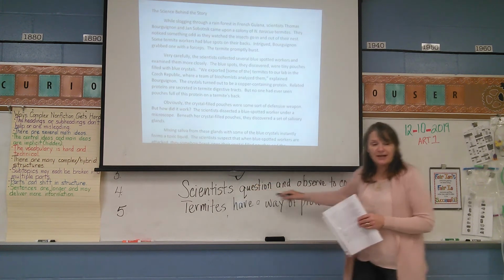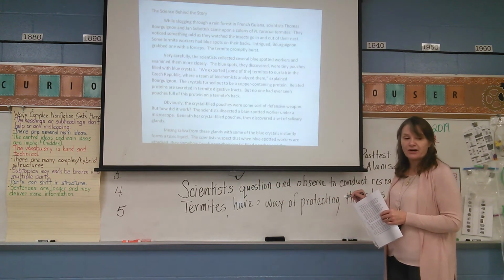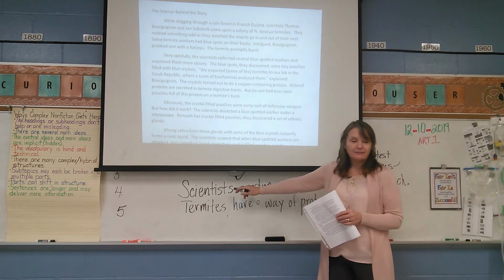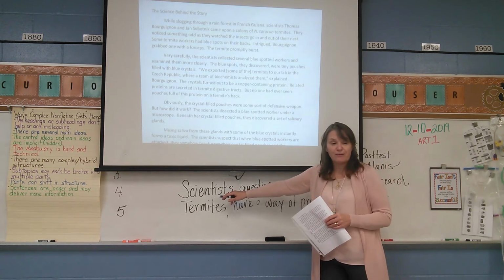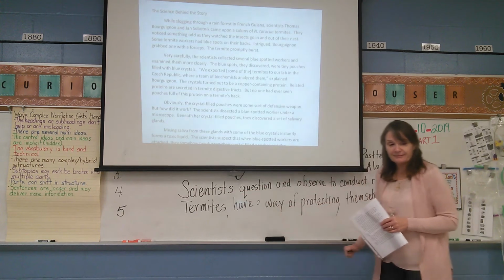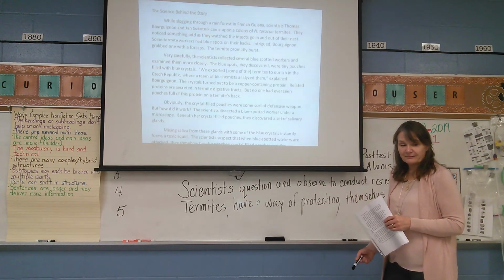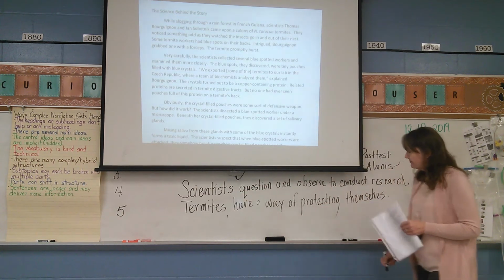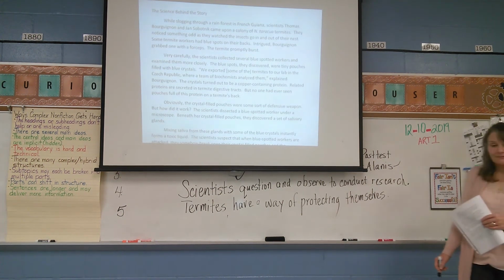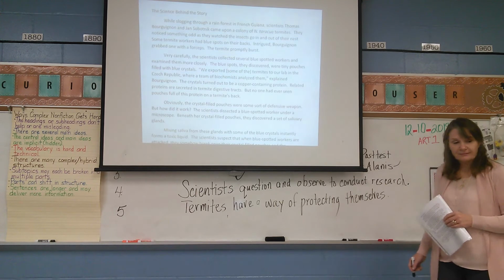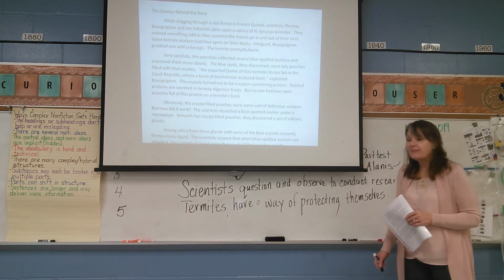Ryan, can you repeat what we said? How have we started our summary? By cause and effect. Okay, and do you remember it? Say it. That scientists question and observe to conduct research, and they found out that termites have a way of protecting themselves. Okay. All right.